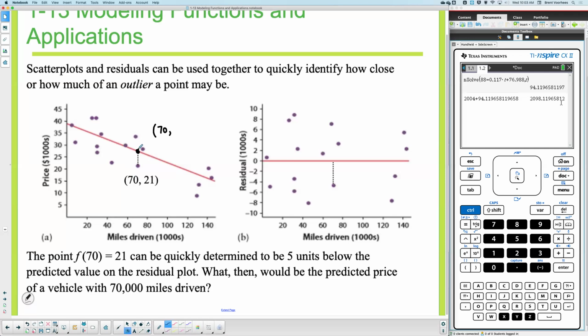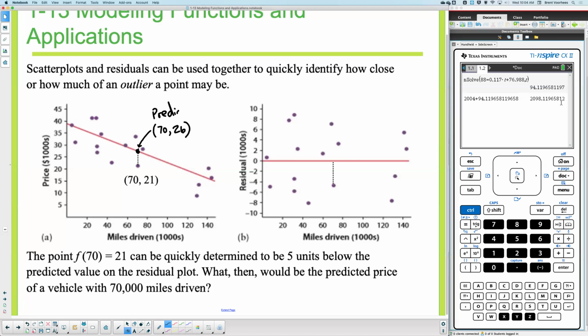So try again. 26. There you go. Why is it 26? Because it's five below, and so you're looking at the y values. So if 21 is 5 below, what was it predicting it to be? 26. There you go. That's the prediction.